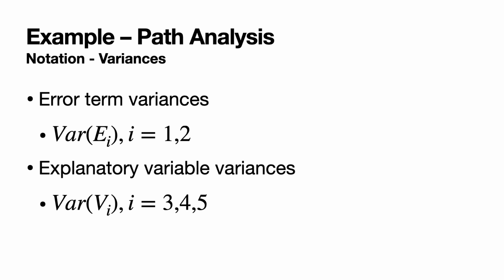The variance of the error terms will just be denoted here by var of e sub i, where i is 1 and 2. The variances of the explanatory variables, V3, V4, and V5, will be represented by var of v sub i, where i goes from 3 to 5.